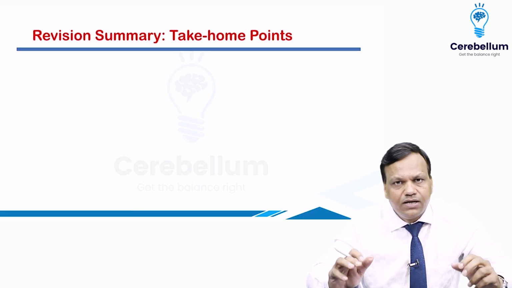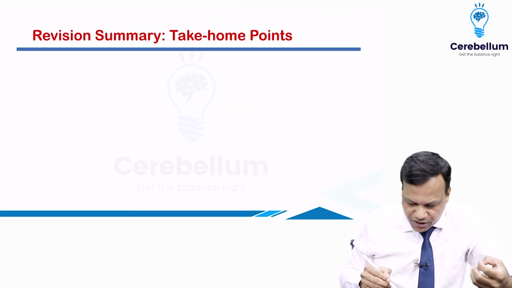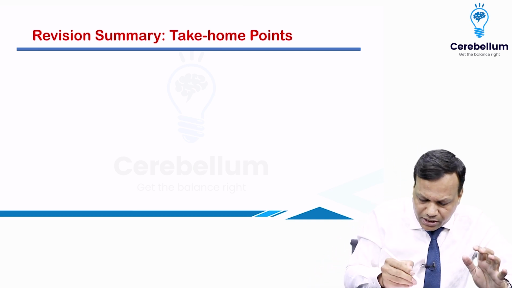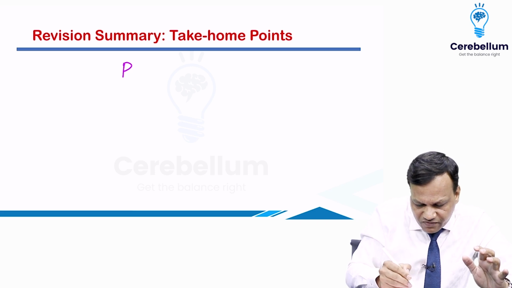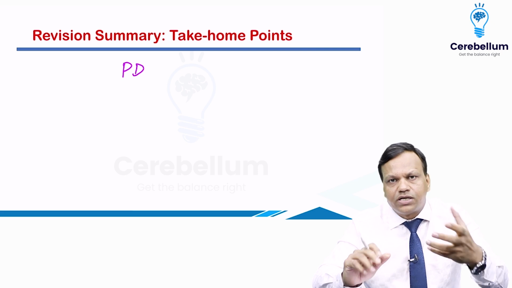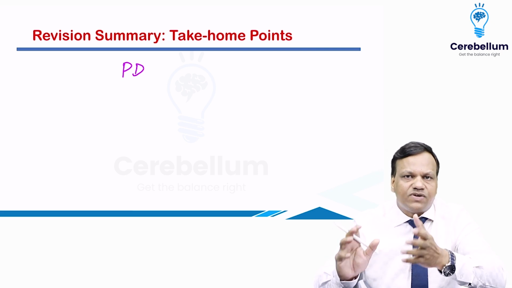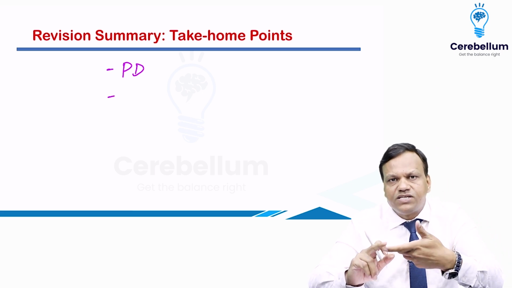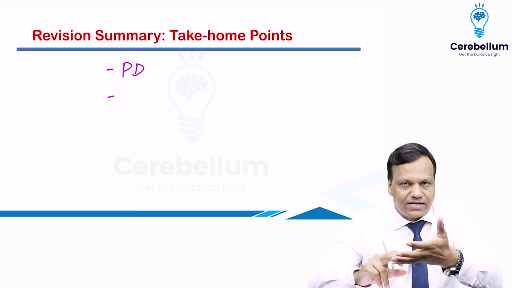So quickly we will revise what we have discussed in this video. It is a very small video. You need to remember first of all what is pharmacodynamics. It is the effect of drug on the body. So it includes mechanism of action as well as actions of a drug. Then we have basic 4 types of mechanism: physical, chemical, bioenzymes and bioreceptors.